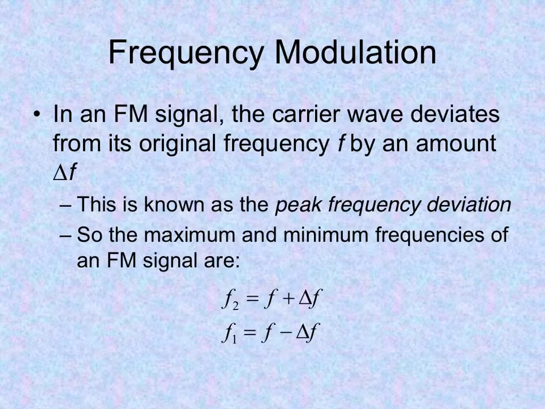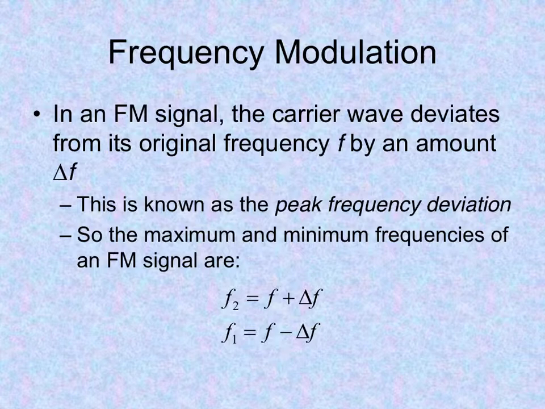And in an FM signal, the carrier wave is going to deviate from its original frequency by some amount we're going to call delta F. That delta F is known as the peak frequency deviation. And that peak frequency deviation is then going to affect the maximum range of an FM signal. So with our sidebands that we talked about previously, that's going to give you a range of frequencies in AM.